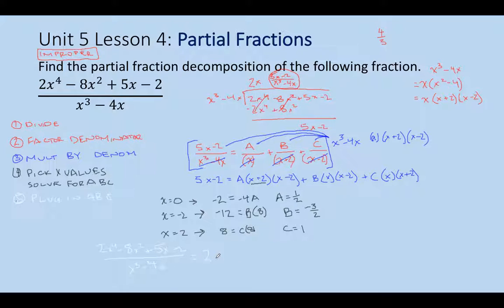So we've got the 2x out in front, or 2x over 1. And then we've got plus, and now we got this whole bit right here. We've got a, which is 1/2. So that means I'm going to put 1 over here and then 2x in the denominator. And then b was negative 3/2. So I've got negative 3 over 2 times x plus 2.